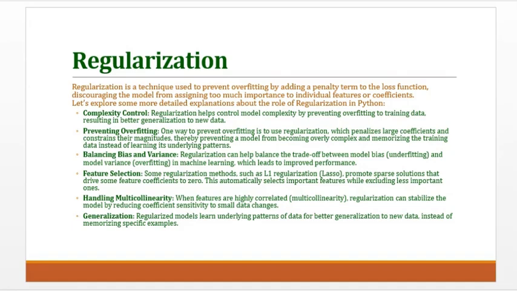Regularization is a technique used to improve the performance of machine learning models by reducing overfitting. It does this by adding a penalty term to the loss function, discouraging the model from learning complex patterns that do not generalize well to unseen data. Now, why regularization?